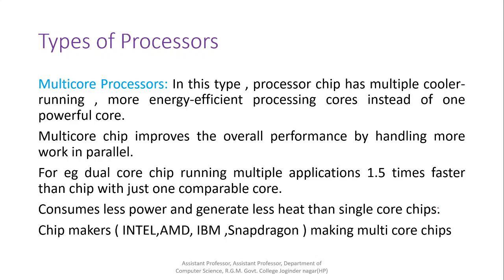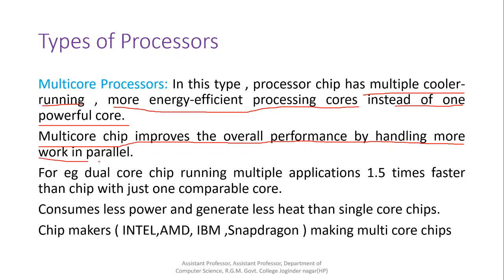In this type of chipset, we have multiple cooler-running, more energy-efficient processing cores instead of one powerful core. The multi-core chip improves overall performance by handling more work in parallel. If we have more than one core, they perform very well in practical situations, and as a result they work more efficiently as compared to single core processors.